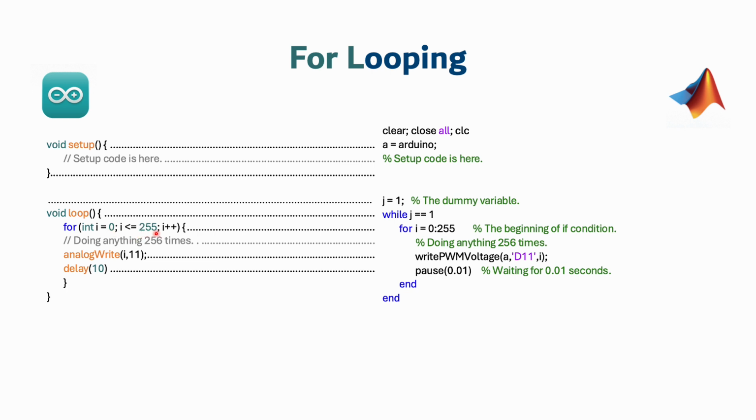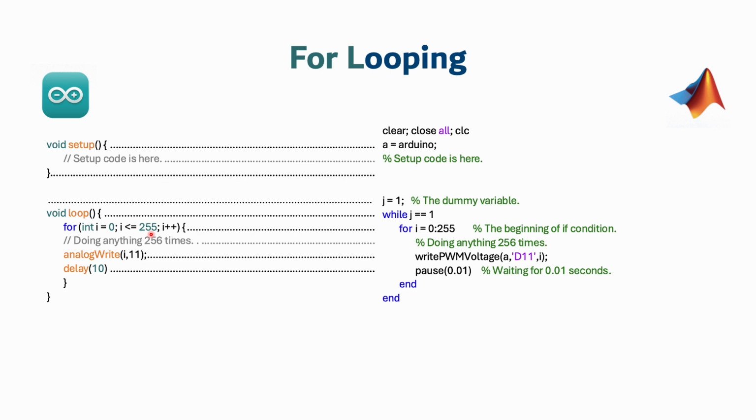On the Arduino Uno, the maximum value we can write analogically on pin number 11 is 255. It is because of the digital to analog converter embedded on it.